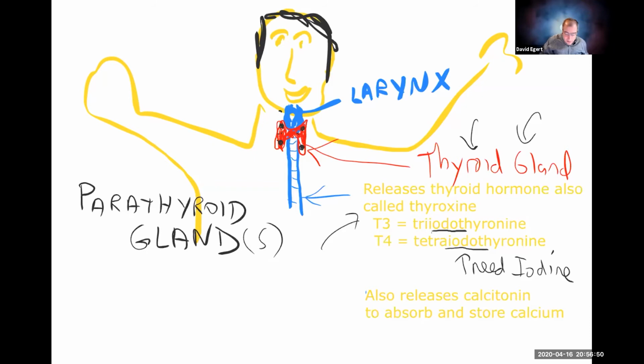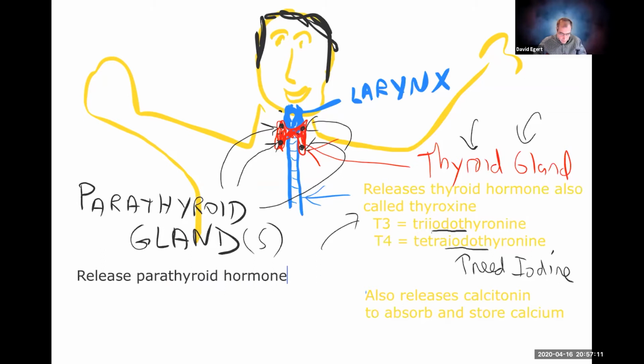They're basically little pockets on the thyroid gland, and these release parathyroid hormone.